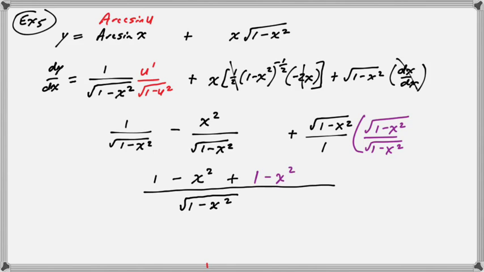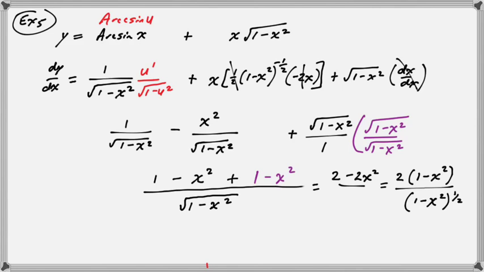So what do we have here? We have 1 plus 1 is 2. So this gives me 2 minus 2x squared. If you factor a 2 out, would that be 1 minus x squared? On the bottom, you have 1 minus x squared to the 1/2, because it is a square root.